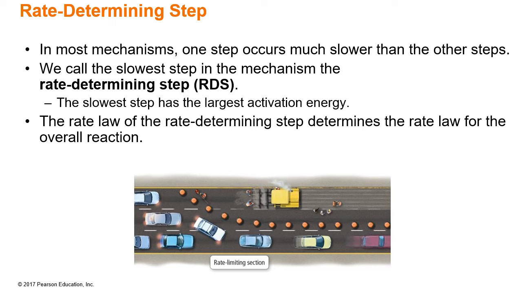This determines the rate law for the overall reaction because it is the slowest part of the reaction. You can think about it as if you are taking a trip. The slowest portion of your trip, say if you're going through the mountains or there's road construction, is going to determine the overall length of your trip.